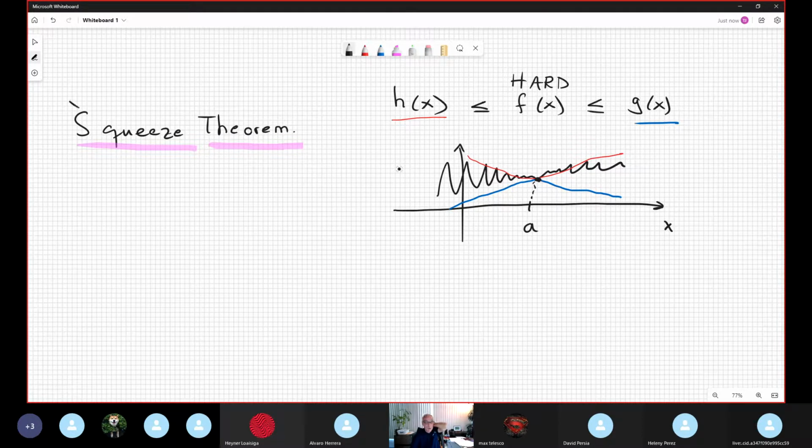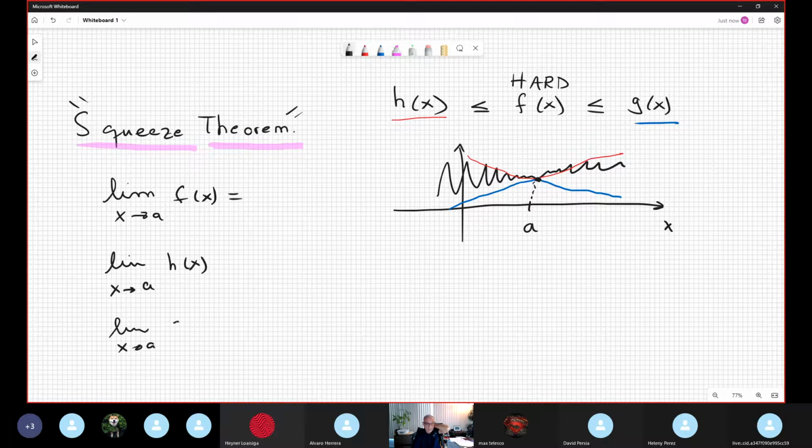Then the Squeezy theorem says, wow. Instead of trying to compute algebraically this limit, which is too hard, now we are doing the limit of both functions in between, h and g. And see, by coincidence, this number is the same, therefore this number is the same. Boom. Okay, this is the idea.